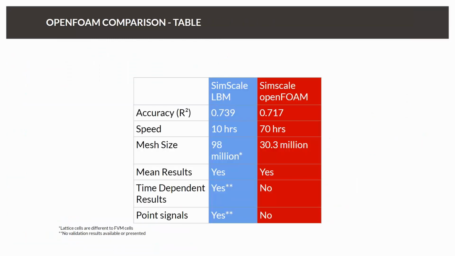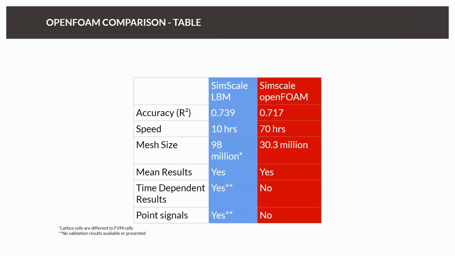So where is the advantage? Well, there is an advantage in accuracy, but more incredibly, there is a huge advantage in speed. So although we've solved a mesh that's 98 million cells large in comparison to 30 million cells in OpenFOAM, we've actually got a solve time that is 7 times faster for a transient simulation.